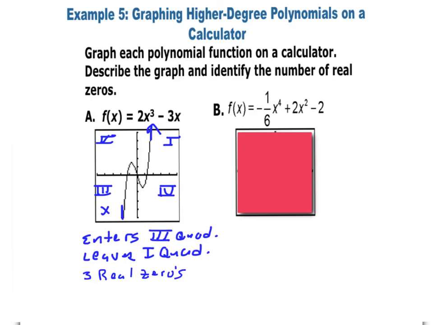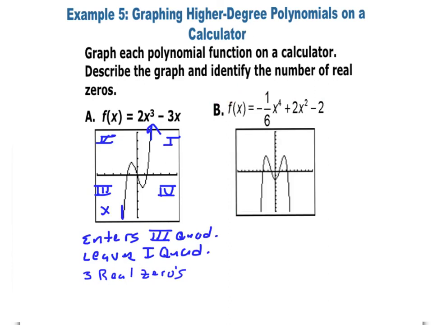Okay, all right. Now, let's go to the second one here. Go ahead on your device and plug that into your graphing calculator. Pause it, plug it in, and then we'll look to see what it looks like. Okay, now that you've done that, let's uncover this. Your graph should look like that one. So what does it do in this case? Well, I see it enters which quadrant? Remember it's 1, 2, 3, and then 4.